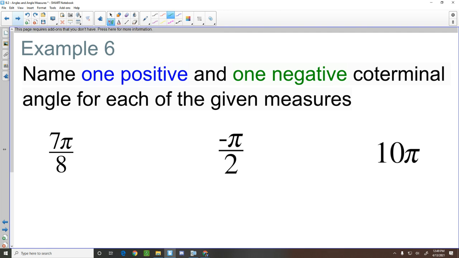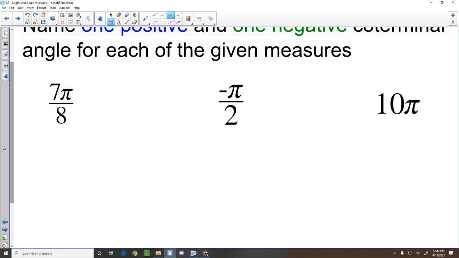Just saying. All right, so for all of these, all we're going to do is add or subtract 2 pi instead of 360. So to get a coterminal angle to 7 pi over 8, we add 2 pi. I'm just going to do one of these with you because that's enough for you to get the idea. So that's 2 pi over 1, but to add 2 fractions, what do we need, everybody?